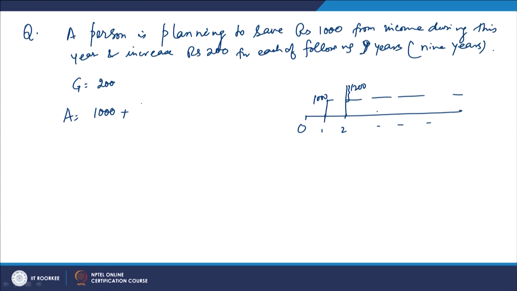So you multiply this 200 with A by G, i, n. The rate of interest i is given as 8% compounded annually.